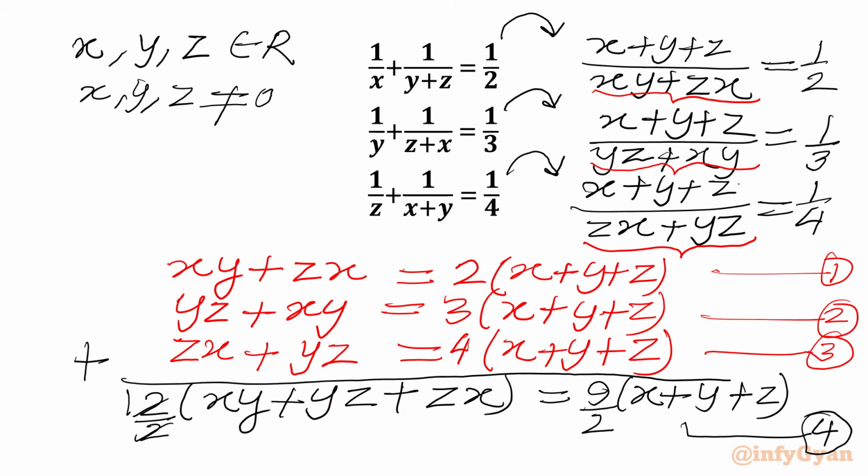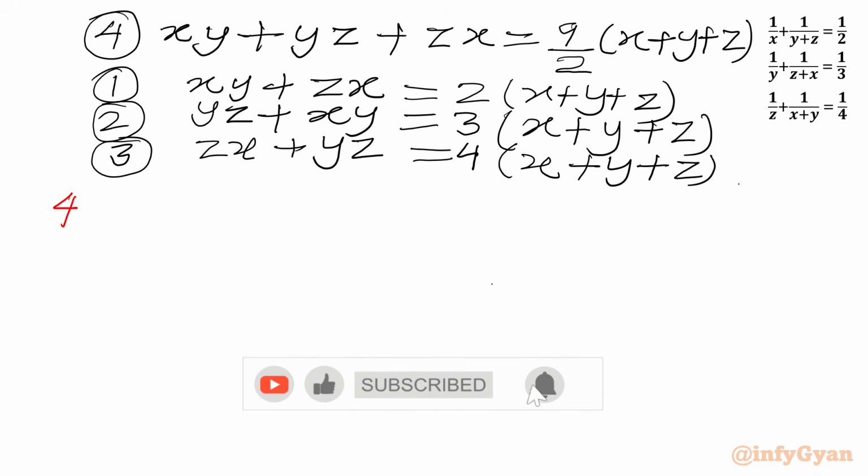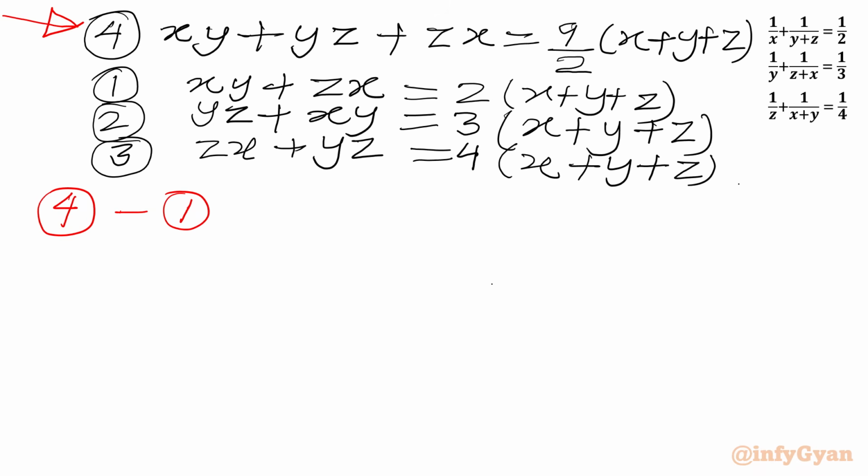Now we are going to perform operations 4 minus 1, 4 minus 2 and 4 minus 3. Let me write all the four equations first. So we will perform 4 minus 1. Here we have equation 4 and here we have equation 1. We will subtract equation 1 from equation 4 and we will get yz in LHS. In right hand side there would be 9 over 2 minus 2, which is 4.5 minus 2, 2.5.